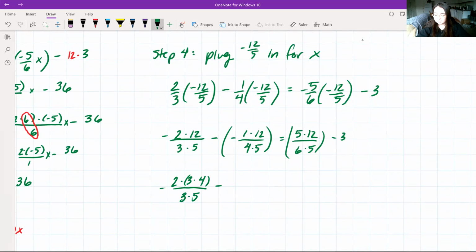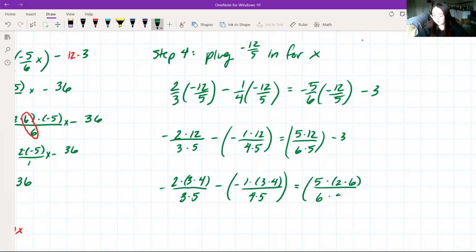Then in our next value, 12, once again, can be separated out into 3 times 4, and in our denominator, we have 4 times 5. In our next value, we have 5 times 12, which can be separated into 2 times 6, with a 6 still in our denominator, and minus 3.